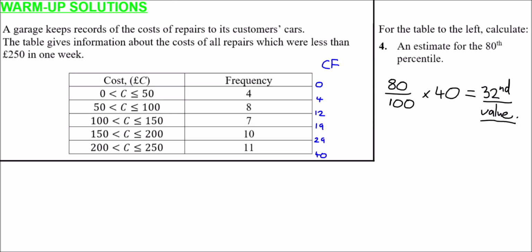So whereabouts would the 32nd value be? Well, let's have a look at these cumulative frequencies. So we can see here that the 32nd value would have to be between 29 and 40. So the 32nd value would be here somewhere.